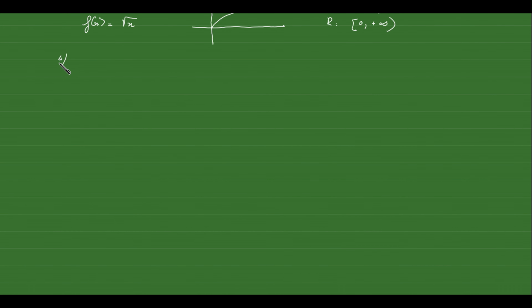Number 4 is the cube root function, or the third radical function, the same thing. I have f of x equals the cube root of x, and the sketch of the cube root function will be something like this, going up like that, and going like this.